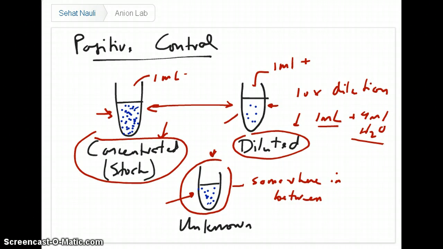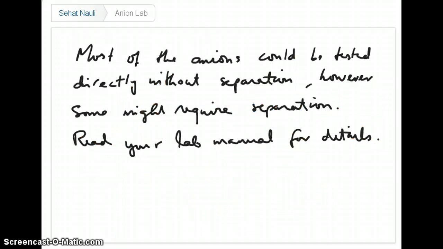Okay, so that's kind of the whole idea of making these two controls, so you can have ranges of observations between this and this, so that you know that the unknown should be somewhere in between, or maybe closer to diluted, depending on how many ions you have in your solution.